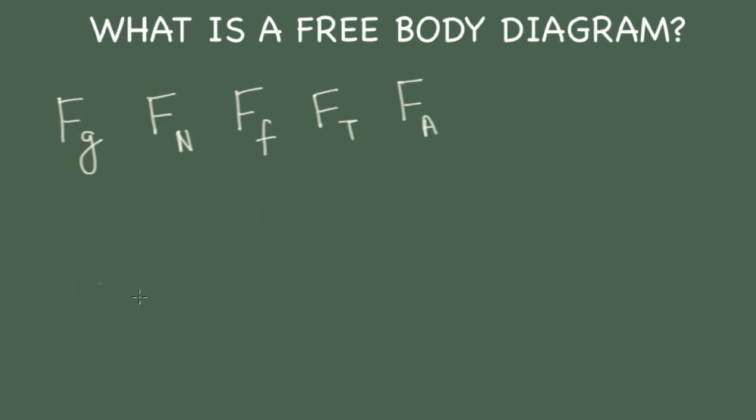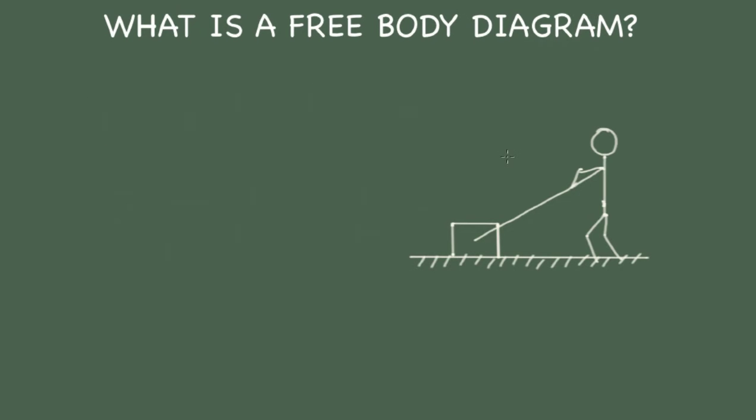So let us move towards an example to understand what a free body diagram is and how we derive the equations of motion of a particular body using this concept. So now let us take this example of a person pulling a block on the ground.